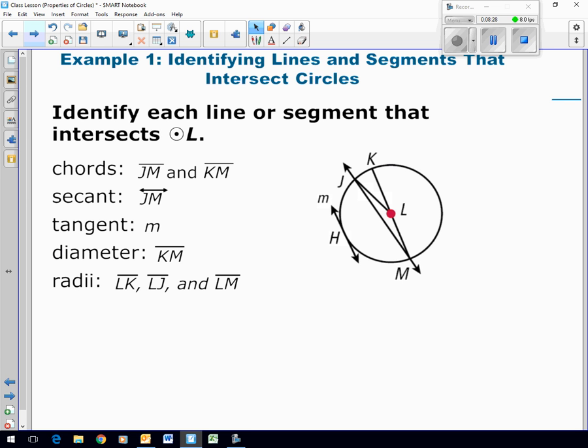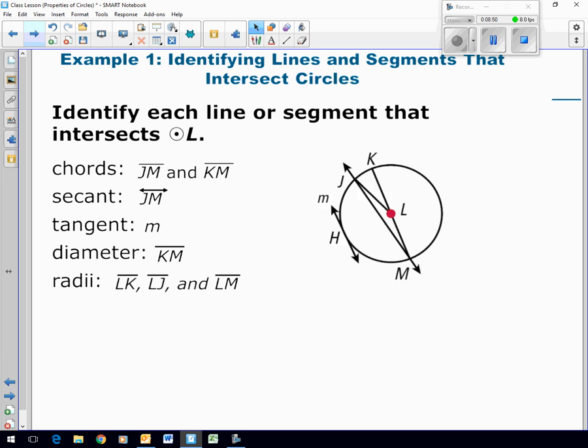And the principle that you have to understand about circles is this. All radii are created equal. It goes back to our definition.